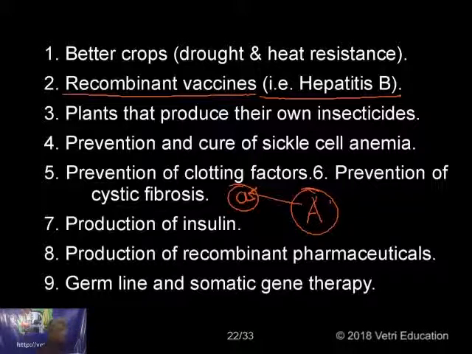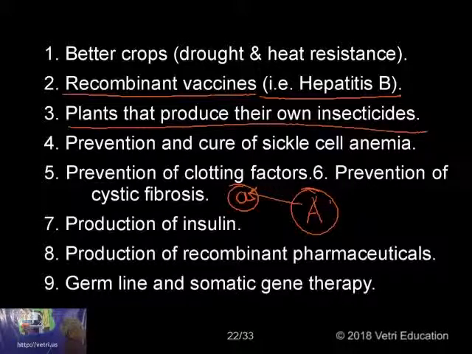So genetic resistance is infused. Genetic resistance is given in the form of the gene to plant A to repel insect a. Plants that produce their own insecticides, you need not spray a chemical insecticide over it. The plant itself will be secreting its own insecticide inside its system.